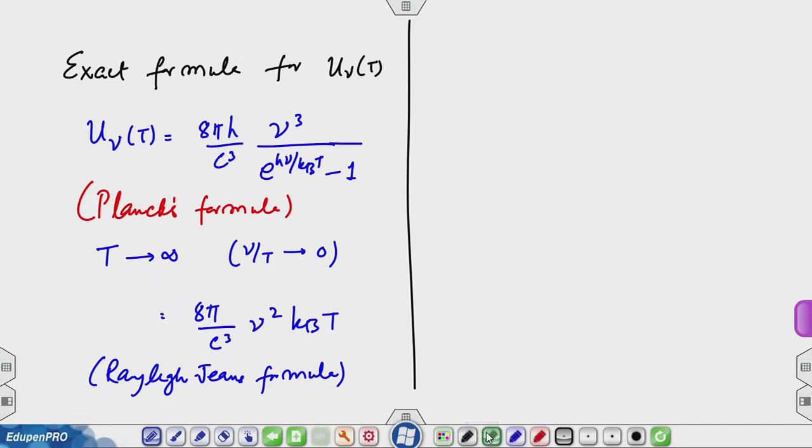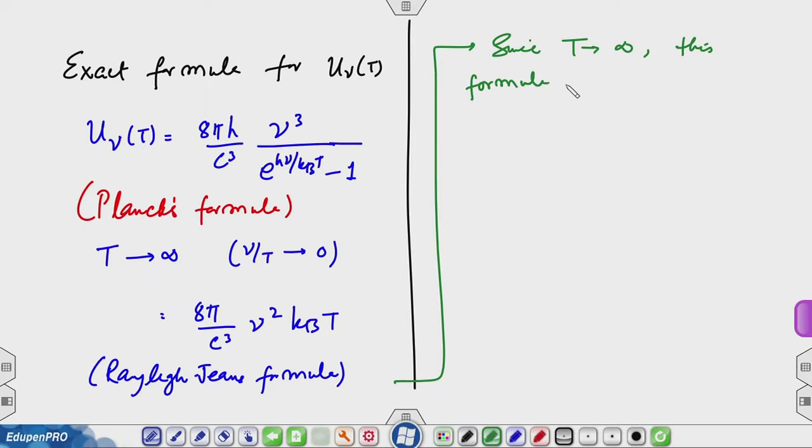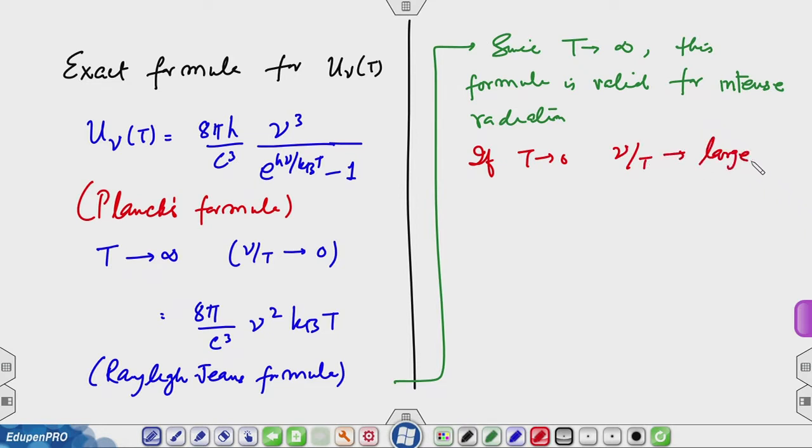Now, for the Rayleigh-Jeans formula to be valid, since t is going to infinity, this formula is valid for intense radiation, very intense. The intensity is very high. On the other hand, if t goes to 0 so that nu over t becomes large, and that means very weak radiation, intensity is very low.